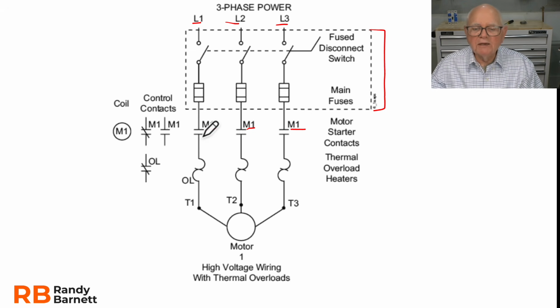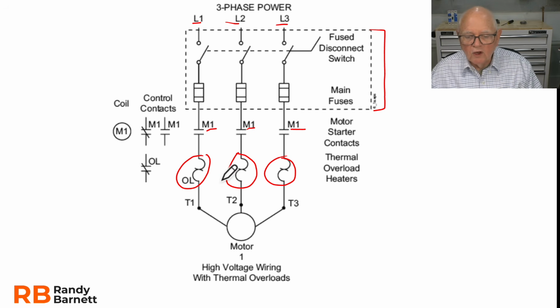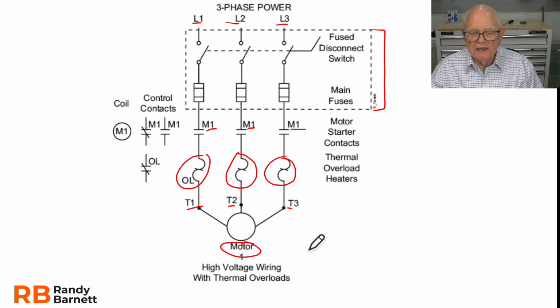At the bottom of the starter contacts, we had the overloads. So down below are our thermal overloads in this particular unit. And if any one of those thermal overloads would open up, it will automatically de-energize the coil and stop our motor. And then of course down here is the motor itself, T1, T2, and T3, and that is our motor load.